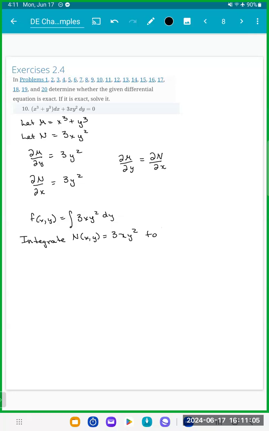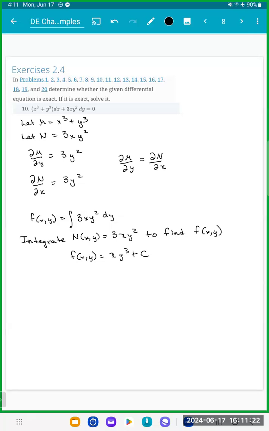And we want to do that to find our f of x,y. Okay. So when we integrate that, we find out that f of x,y is xy cubed plus c.